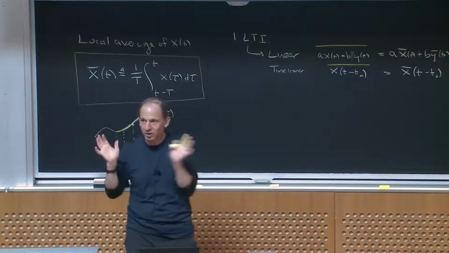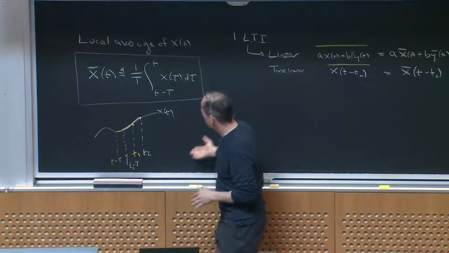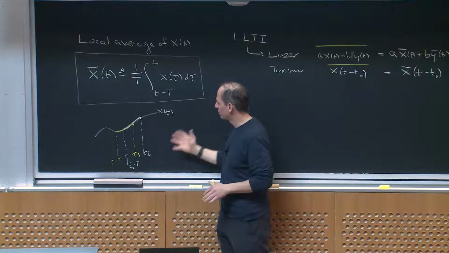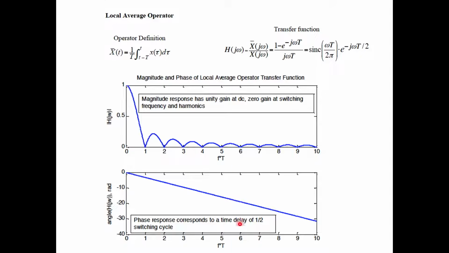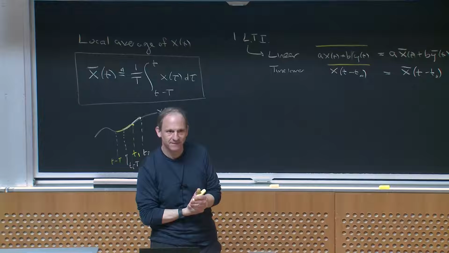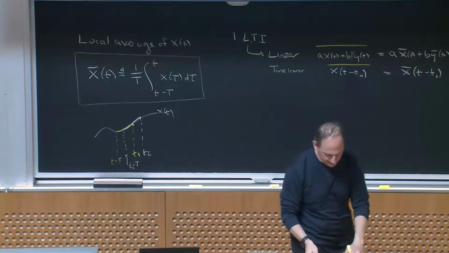Now, I'm not saying we're actually going to physically build a filter, but this is an operator that lets me think about how I process my signals so that I could keep the low frequency content and get rid of the switching ripple. Any questions about that? Okay.